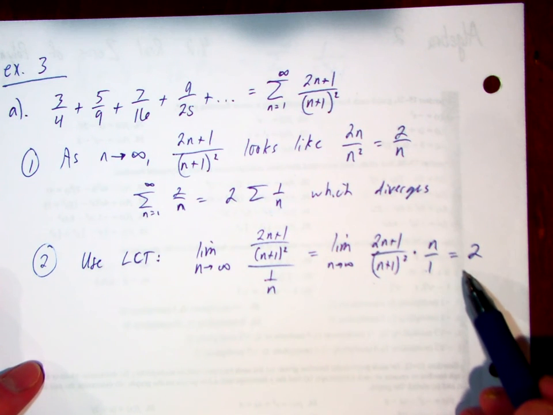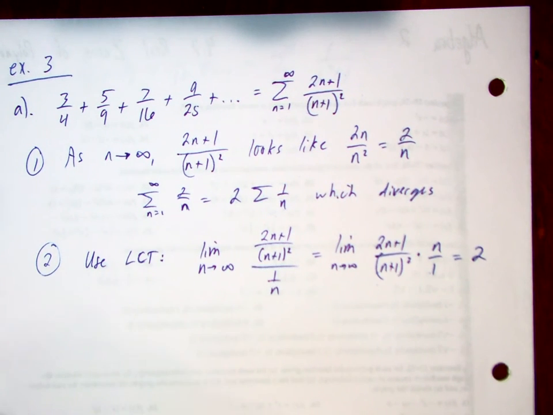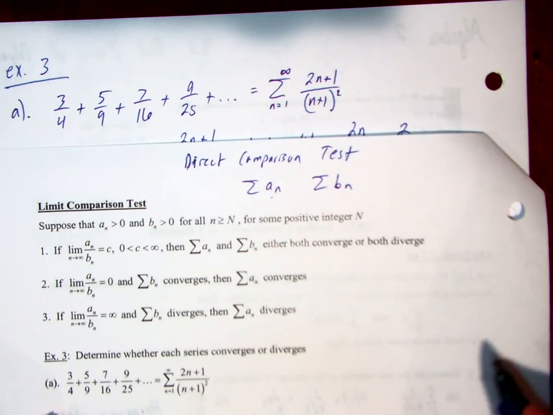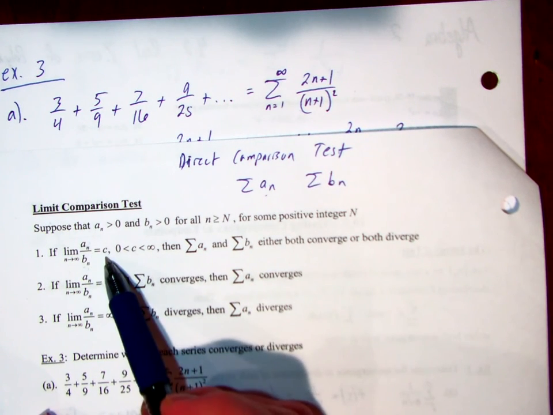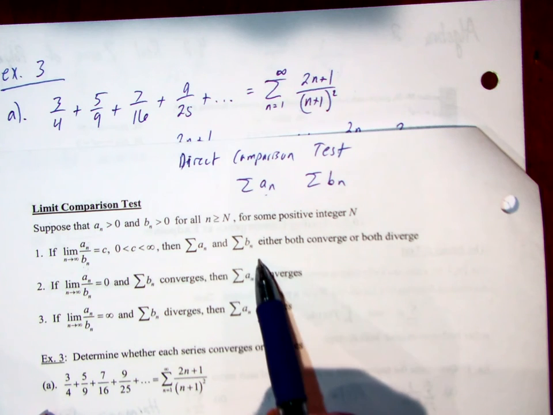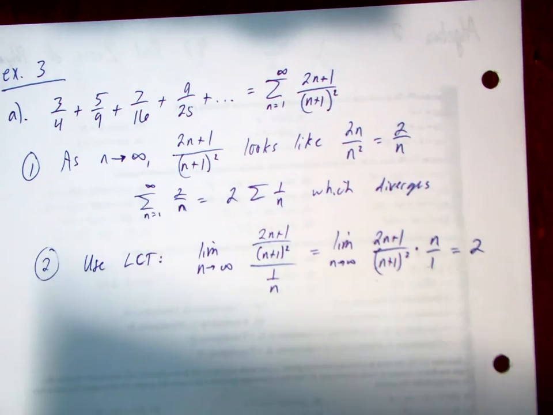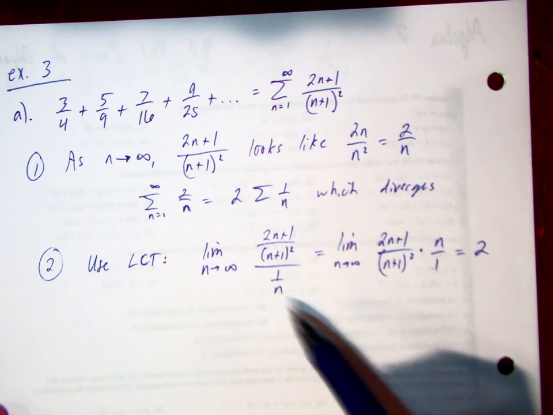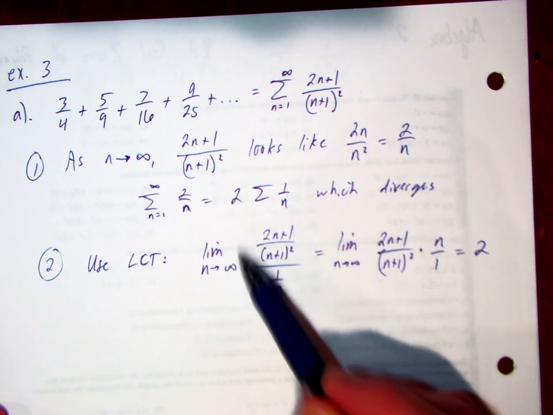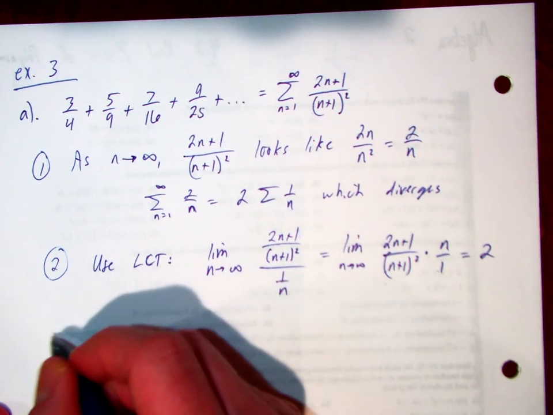Since we got a non-zero constant, to remind you, in the limit comparison test, if we take the limit of a sub n over b sub n, as long as we get some non-zero constant, whatever happens to a sub n happens to b sub n, or vice versa. So I took this series I didn't know and compared it to 1 over n. Since this series diverges, by the limit comparison test, this series must also diverge.